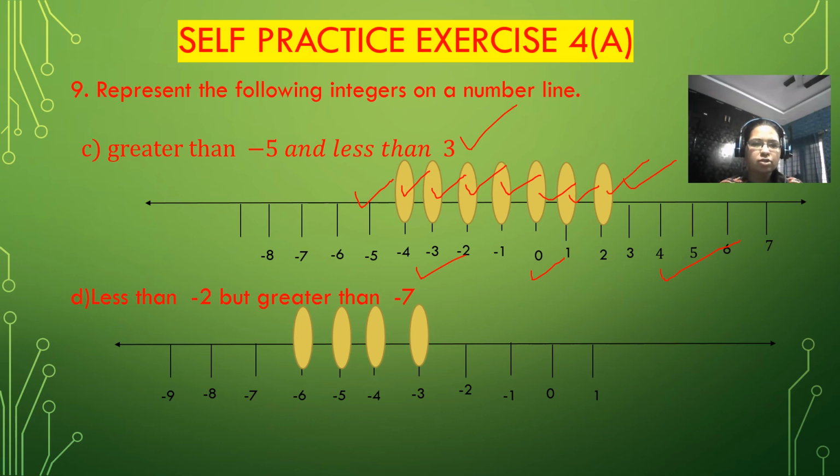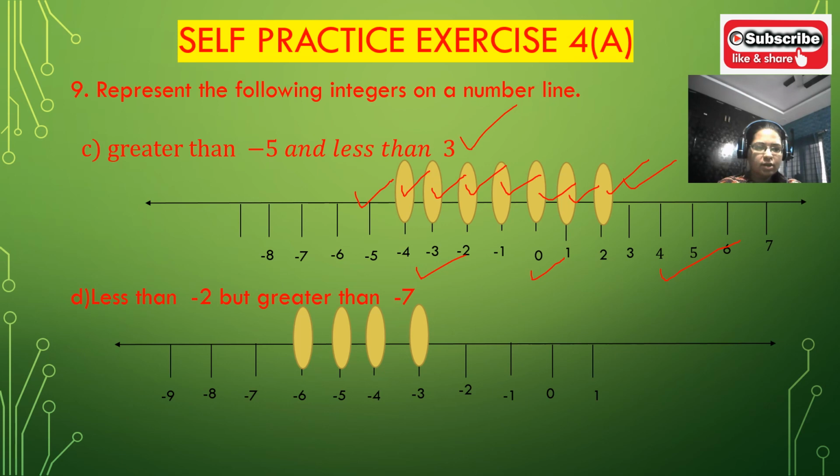Now less than 3, the integers are 2, 1, 0, minus 1, minus 2, minus 3, and minus 4. Between minus 5 and 3, these are the integers greater than minus 5 and less than 3.